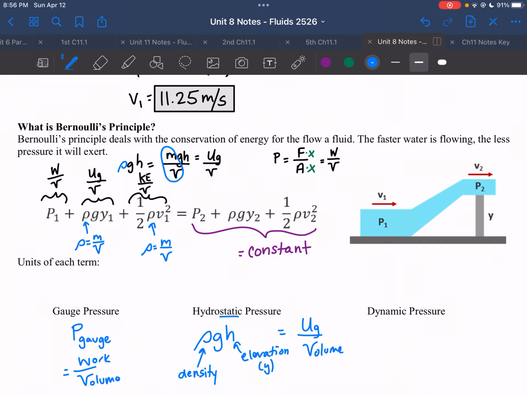And the last one we had was dynamic. Dynamic means moving. So this one is going to be our 1/2 density velocity squared. And just like before, this is our kinetic energy divided by the volume.